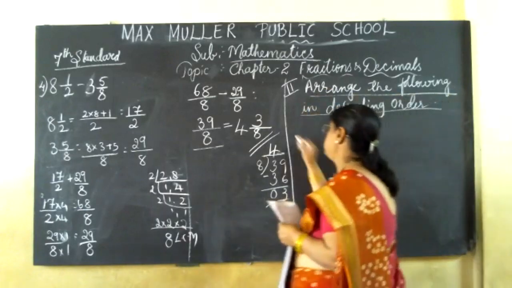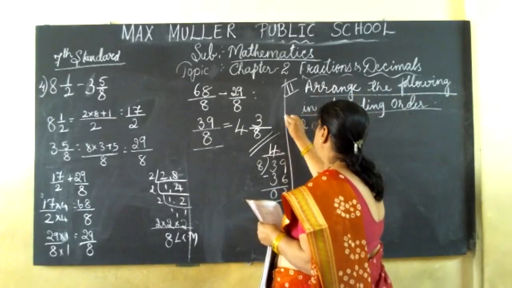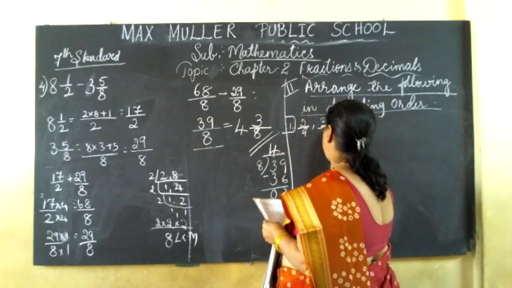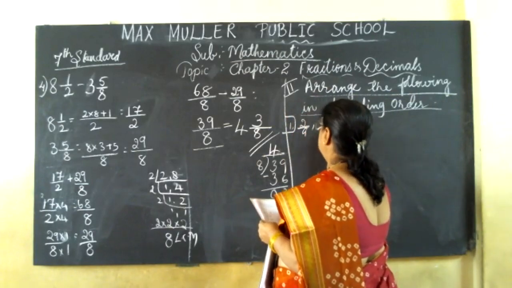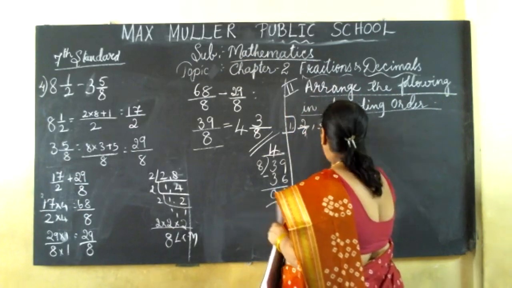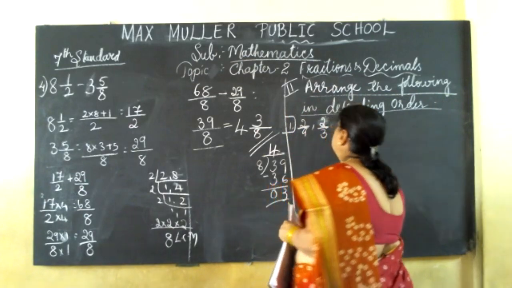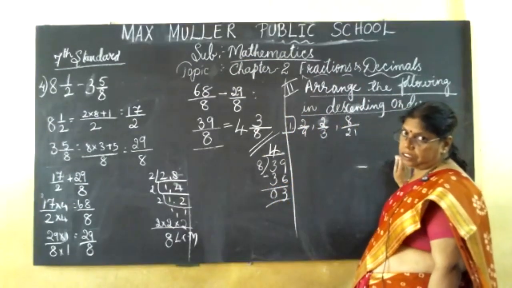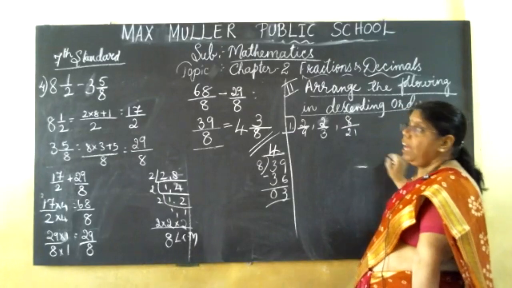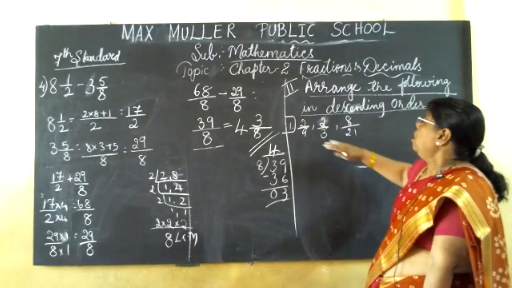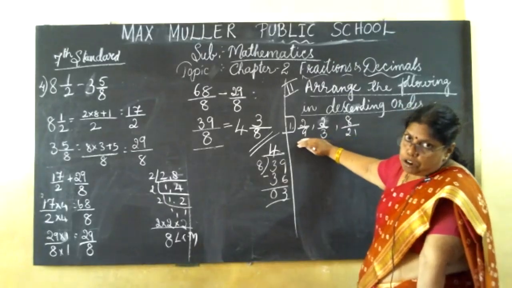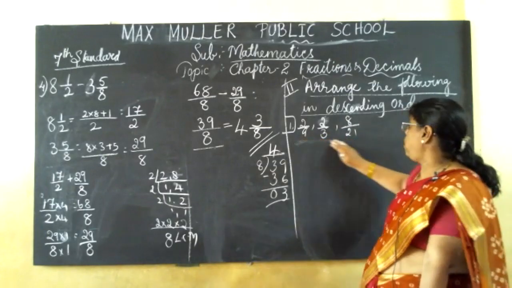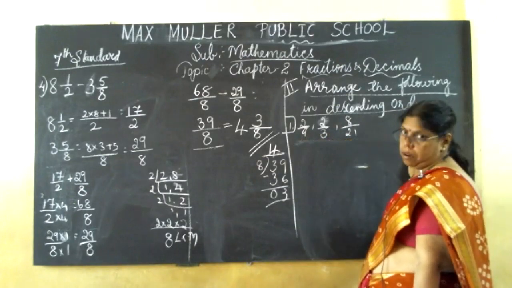So, first one is 2 by 9, 2 by 3, then 8 by 21. See, in this group, it is unlike fractions. We have to convert all into like fractions. Means the denominators should be the same. Denominators all should be the same number.